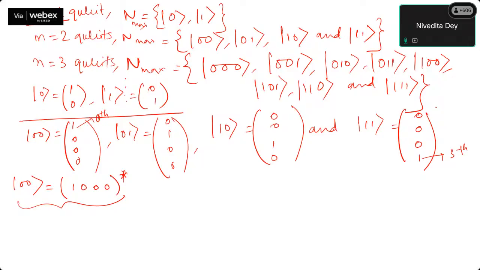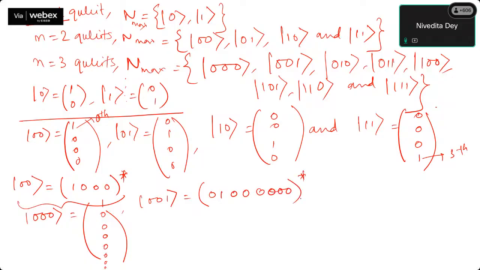Okay. So similarly, if I have to write ket 000, then that will be 1 followed by all the 7 zeros: 1 0 0 0 0 0 0 0, right? So that means 001 can be written as this, or you can write it as a transpose, no issue, any one of the notations you can follow.